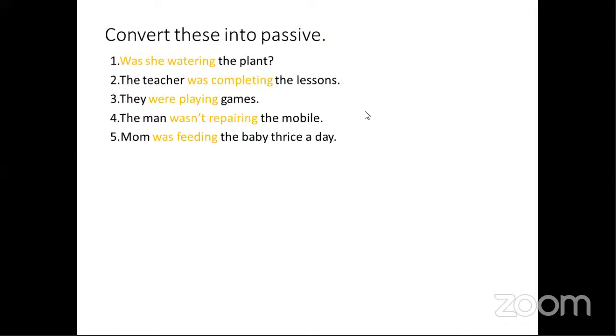Rather than telling me the answer, you can write it down and you can try. Shall we move on to the answer of the first one?